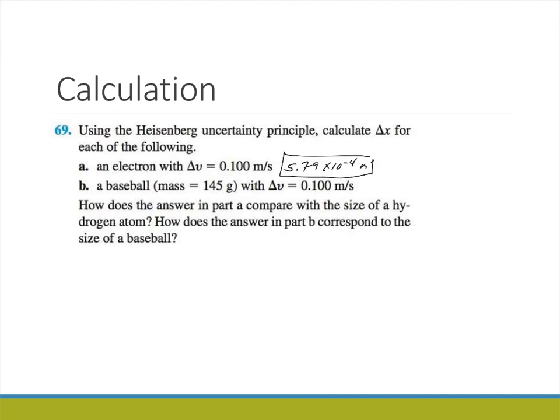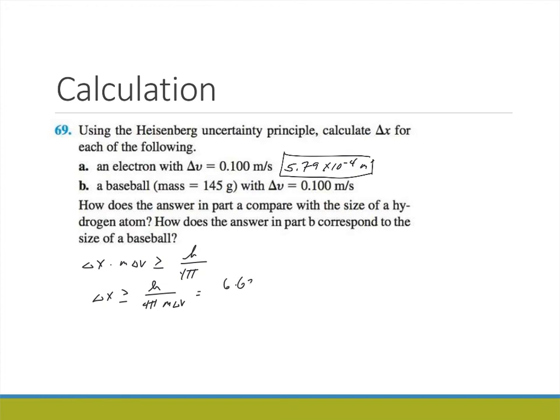Now let's do this with a baseball. A baseball has a mass of 145 grams with a delta v equal to the same 0.1 meter per second. So delta x dot m delta v must be greater than or equal to h over 4 pi, or the uncertainty in x must be greater than or equal to h over 4 pi m delta v.